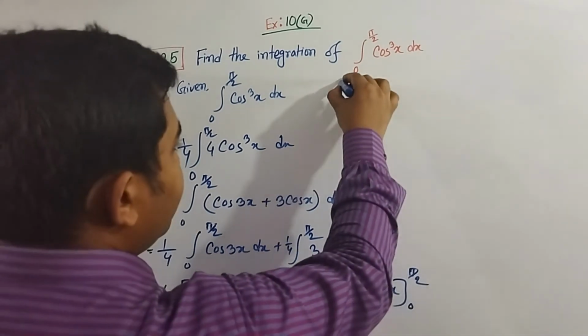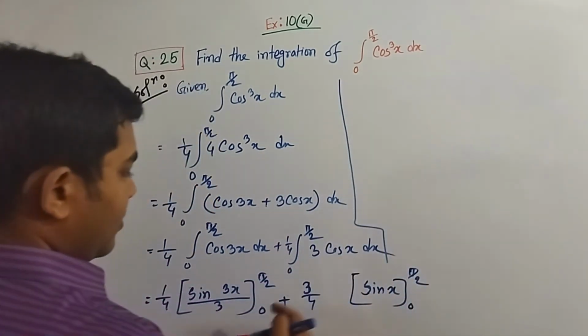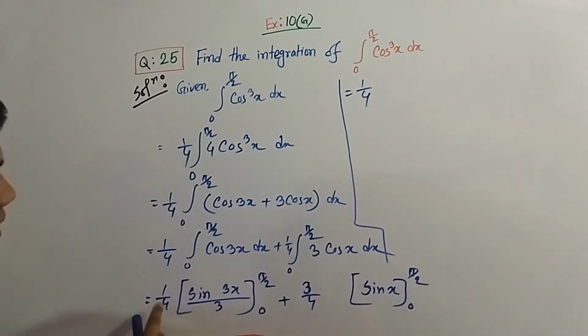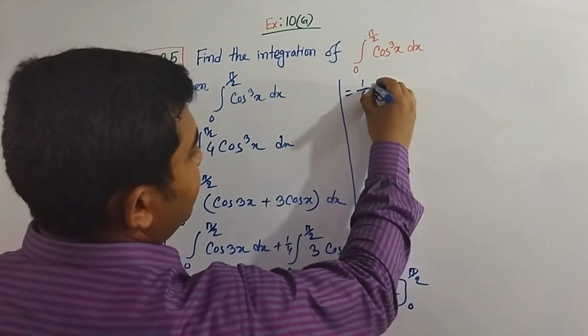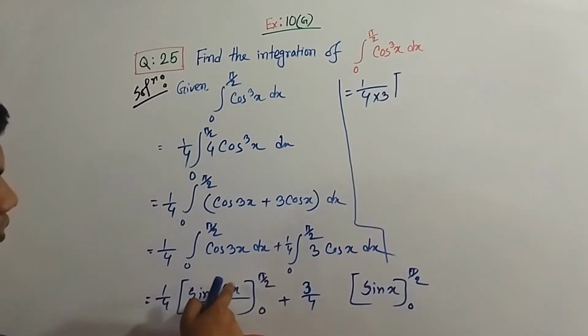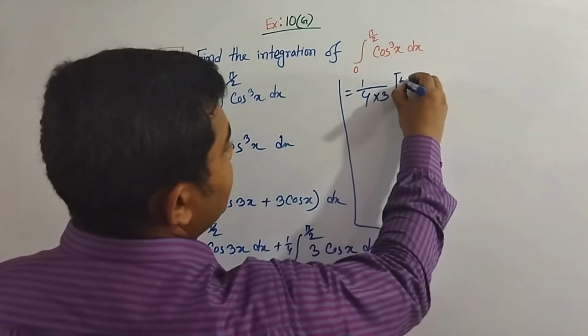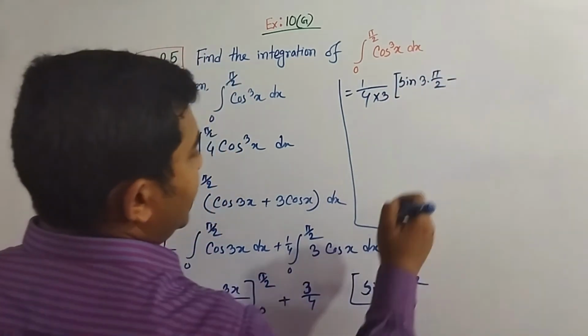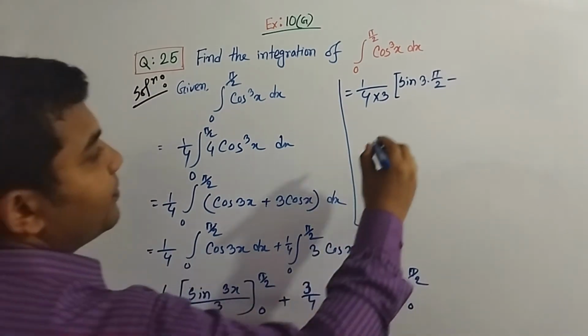So now here we found 1 by 4, and 3 is here also, so 4 into 3. Then if we put the value of pi by 2 in here, we will get sin 3 into pi by 2 minus sin 0.